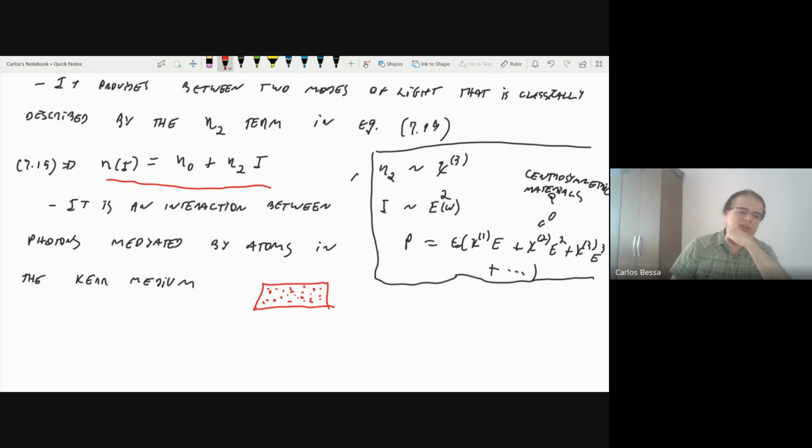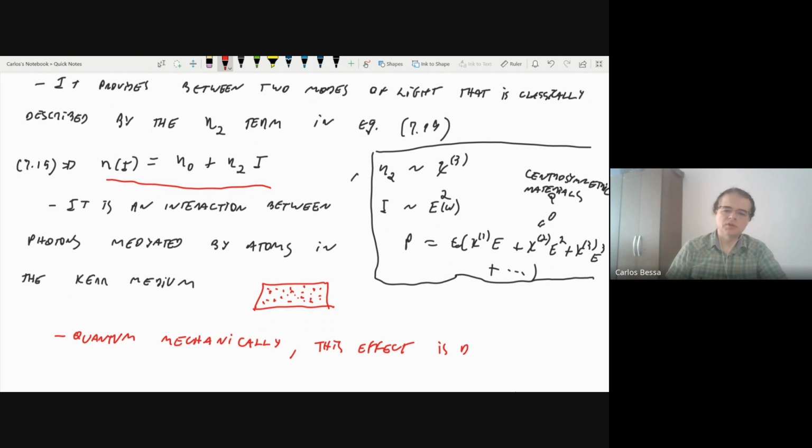So quantum mechanically, this effect, the cross phase modulation, is described by the Hamiltonian.